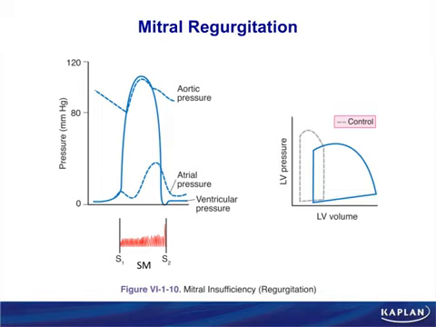Now, notice the representation of this systolic murmur. It's relatively continuous. So, with aortic stenosis, we had a crescendo decrescendo systolic murmur. Well, we're going to have what's called a holosystolic or pan-systolic murmur.